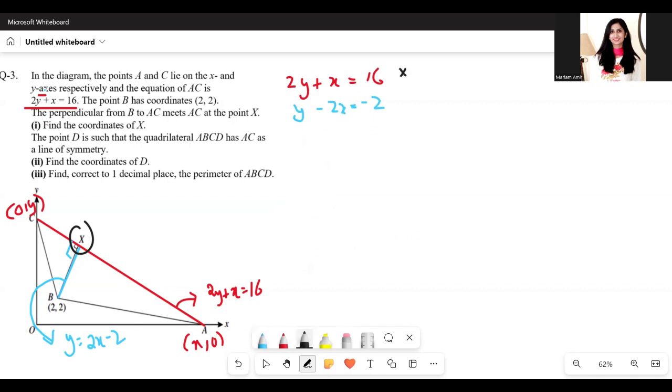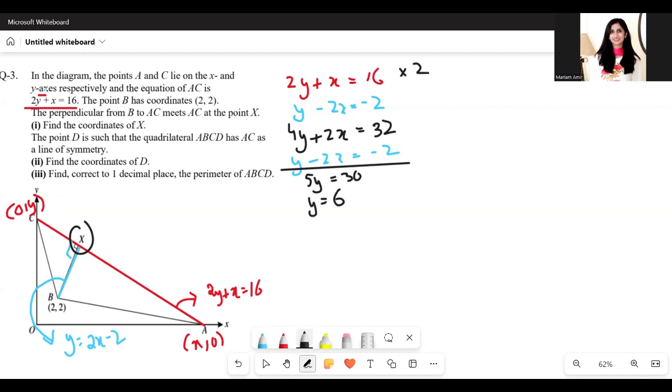I'm using the elimination method, times 2. So we have 4y plus 2x equals 32. And then y minus 2x equals minus 2. That gives us 5y equals 30. That gives us y equals 6.